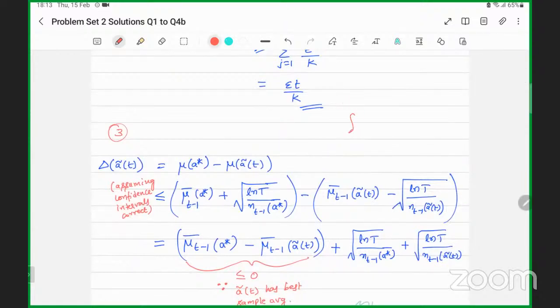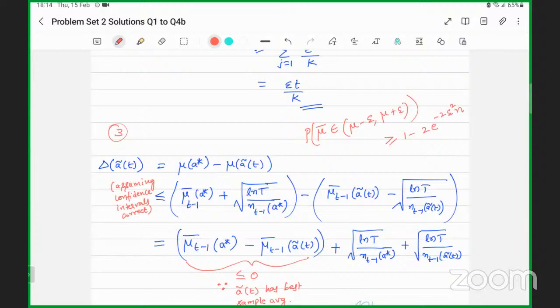It tells you that the probability that mu bar belongs to mu minus epsilon to mu plus epsilon is greater than or equal to 1 minus 2 e power minus 2 epsilon square n. This we know, if you have n samples.